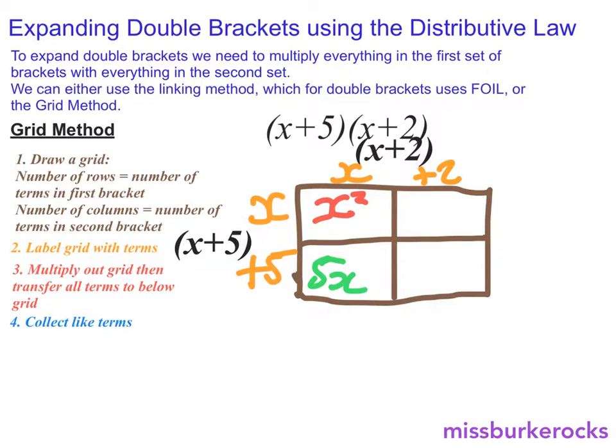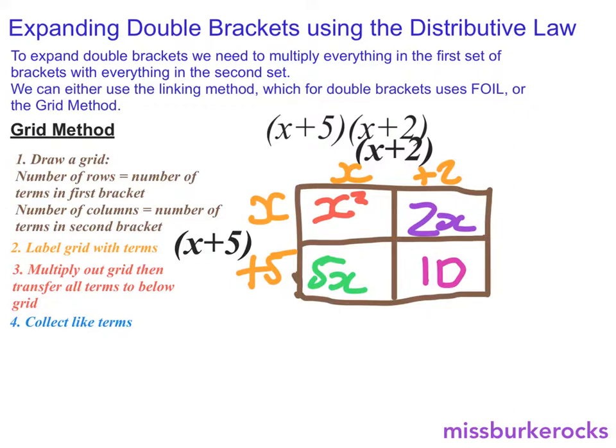Then we have x times 2 at the top here. We have 2x. And then we have positive 5 times positive 2, which gives me positive 10.